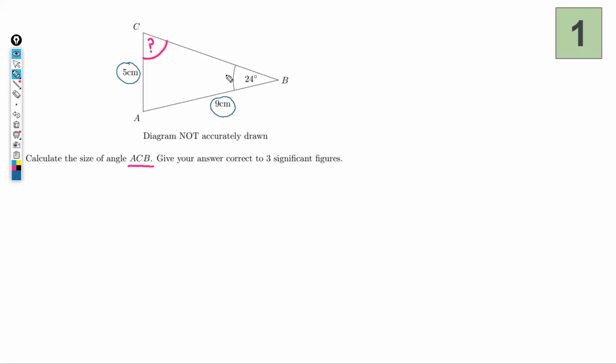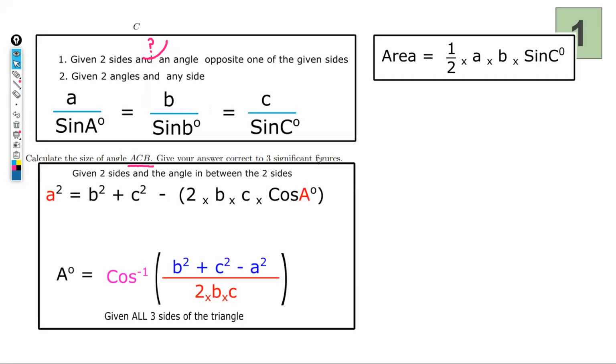Let's see which rule this would be, right? And the good news is I'll show you which formulas they give you and which formulas they don't give you in the CSEC exam. Great.